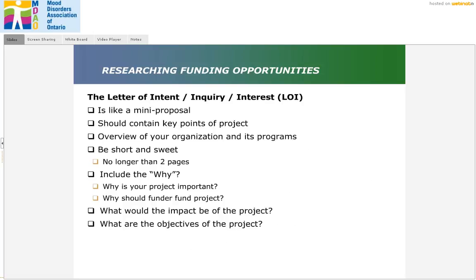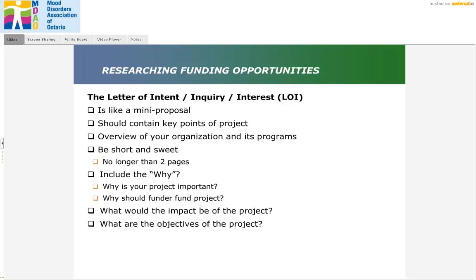So there are several ways that you can approach or start applying for funding. One is directly through an application that has set questions, which I'll discuss shortly. If a funder doesn't have a specific application form, the course of action is usually through what is called a letter of intent.